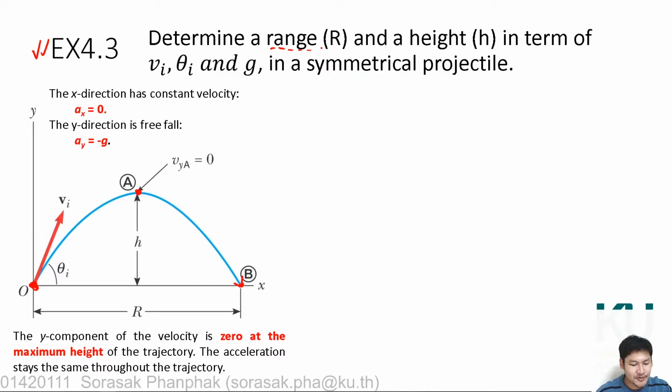Since you know the acceleration involved in the projectile motion happens only in the y direction, the ay is pointing downward, so it's minus g. How about the ax? Even though the particle moves along the x-axis and y-axis at the same time, in the x direction there is no acceleration.